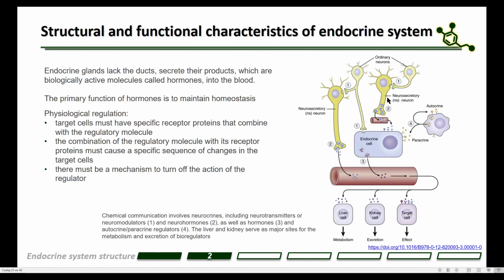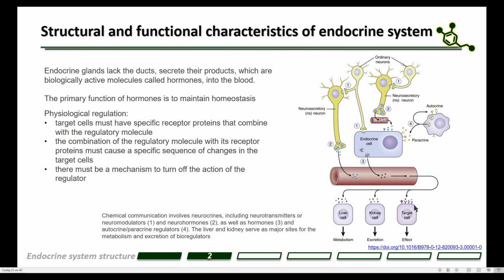Now let's talk about the endocrine system itself. As you know, endocrine glands lack ducts, and they secrete their products, which are the biologically active substances, hormones, directly into the bloodstream. So you can see the endocrine cell releases hormone into the bloodstream, and then it travels through the blood to reach the target cell. Why is it called target cell?